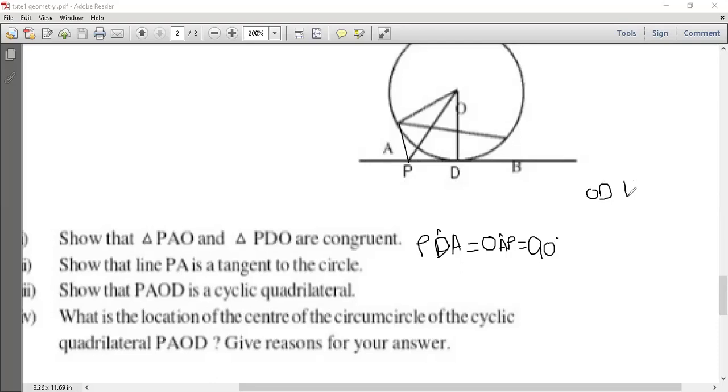OD is perpendicular to PD, so angle ODP equals 90.